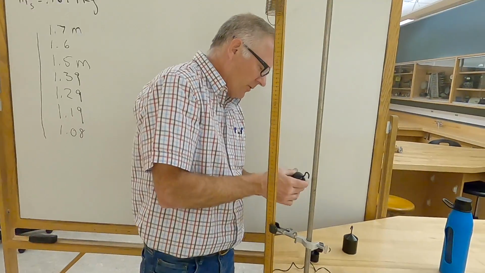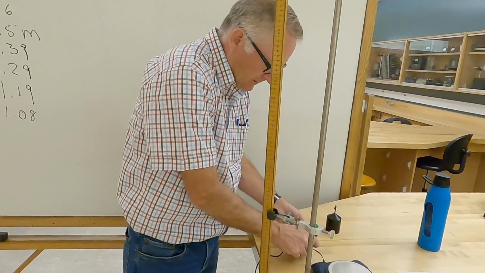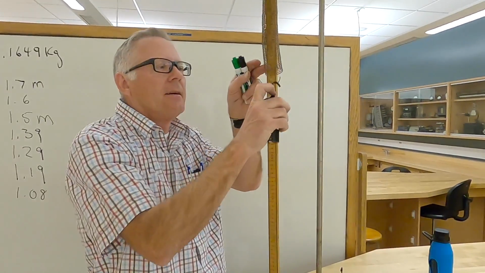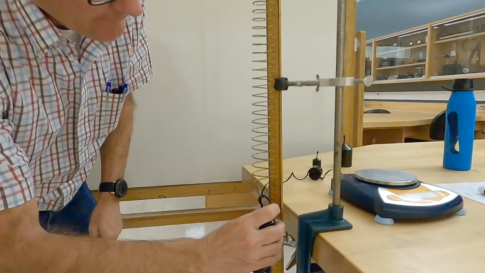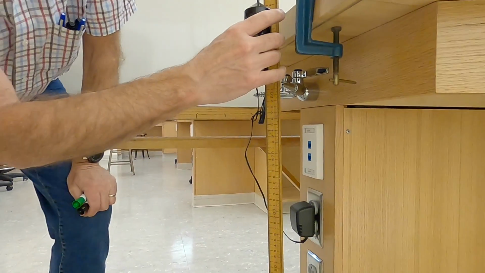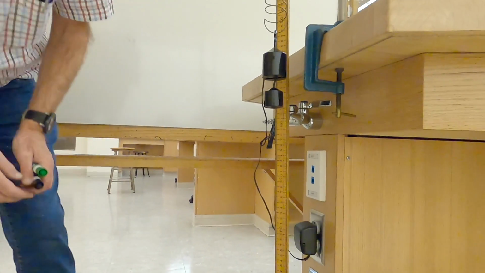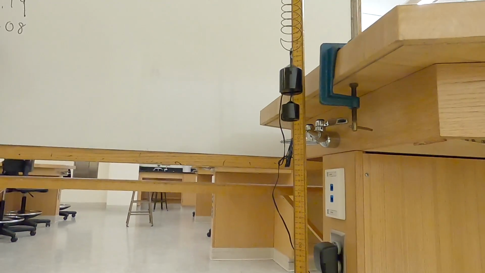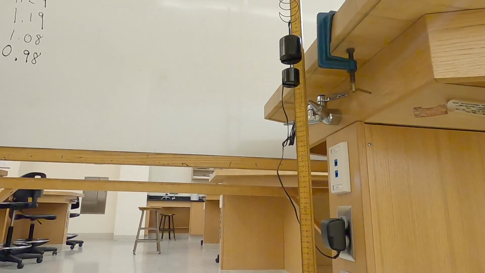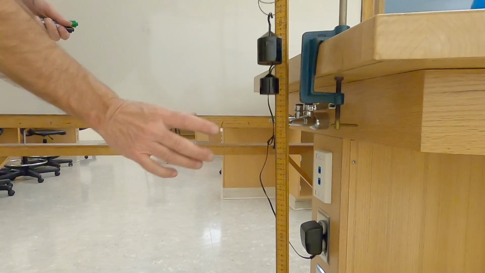So then we'll go up to 0.7, which would be right here. Now we're down to about 0.98. Now we can get the period for that one.